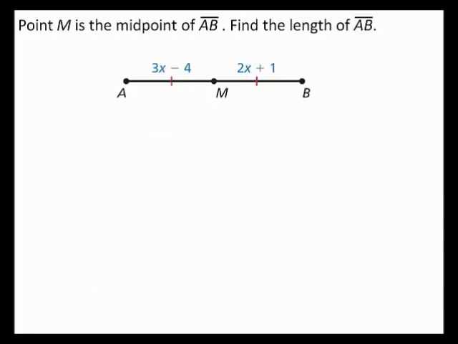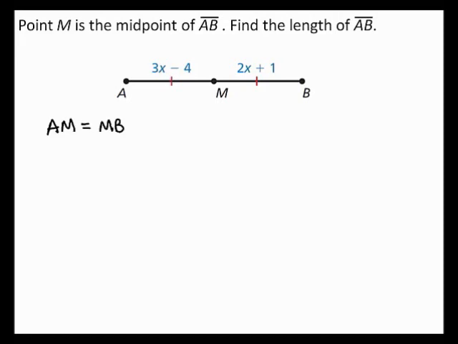Point M is the midpoint of segment AB. Find the length of segment AB. To find the length of segment AB, you first need to find the value of x. In this problem, you are told that point M is the midpoint of segment AB, and you can also see from the diagram that segment AM is congruent to segment MB.